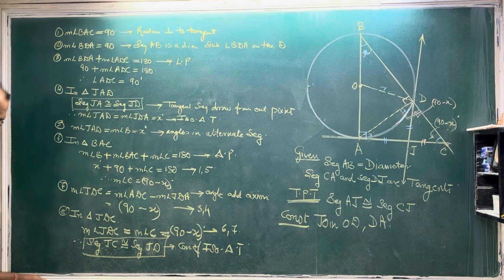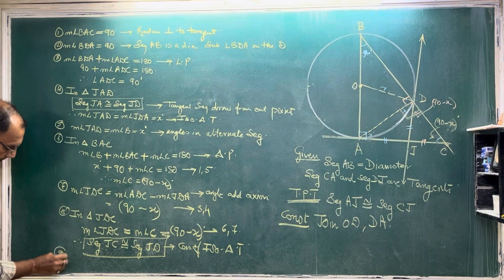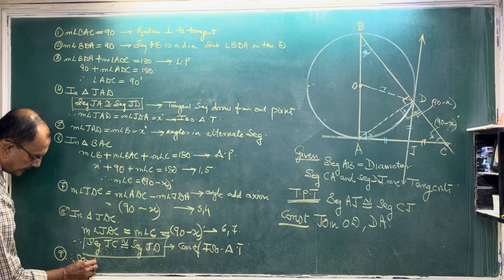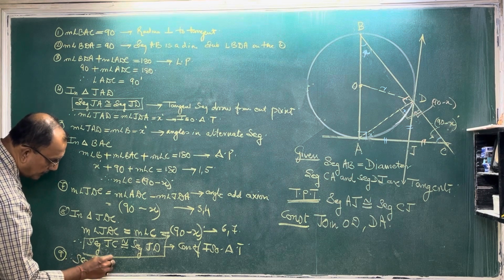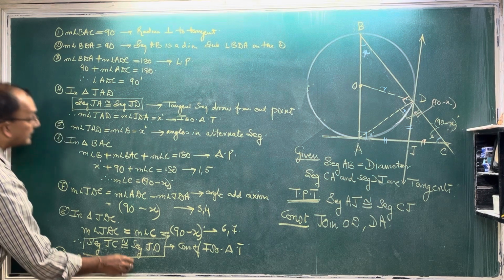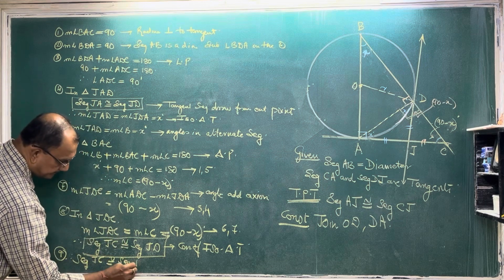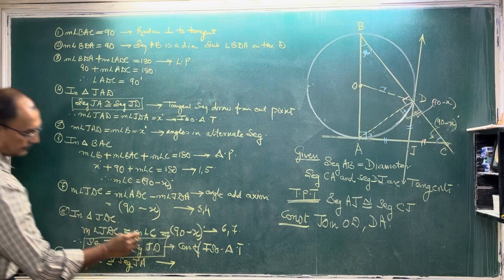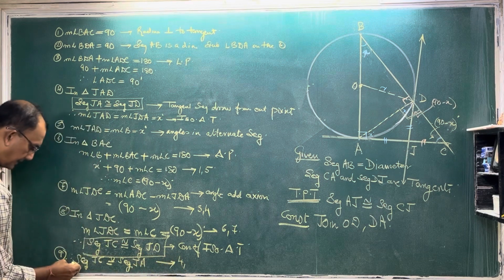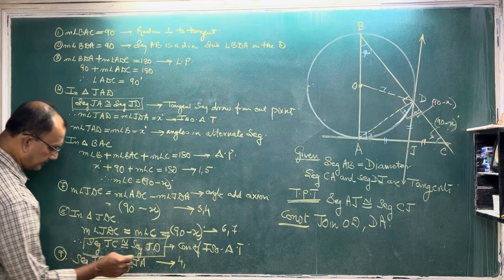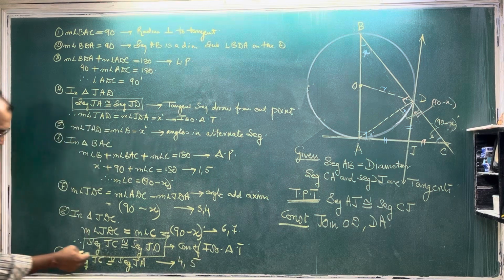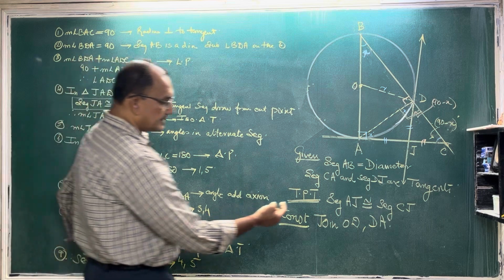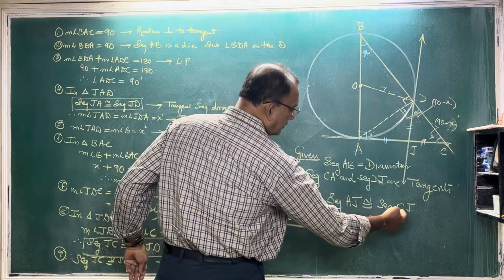Final thing, point number 9: therefore Seg JC is congruent to Seg JA. This comes from statement number 4 and statement number 5. So that is nothing but AJ congruent to JC. That is what he's asking us to prove. AJ is congruent to JC.